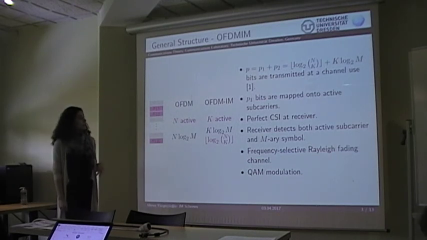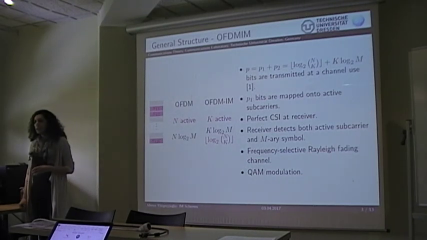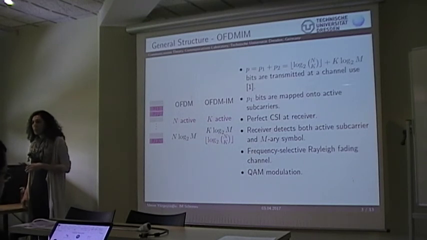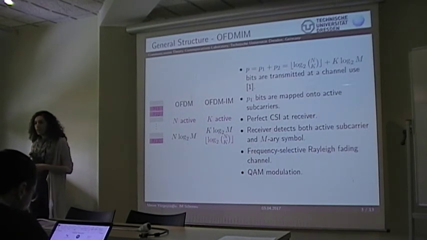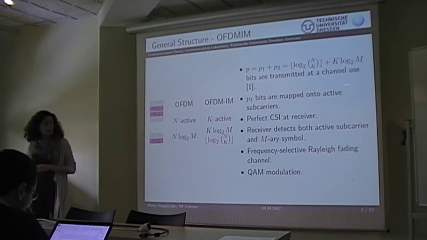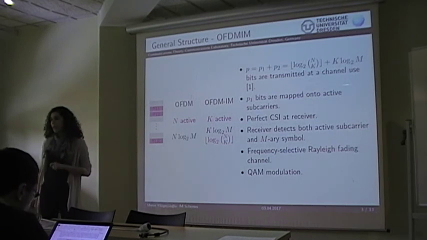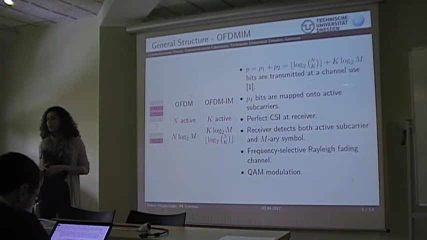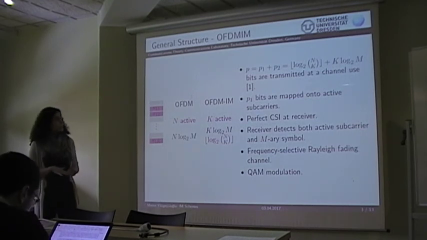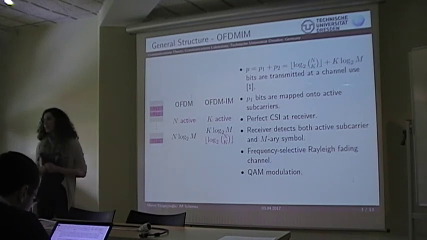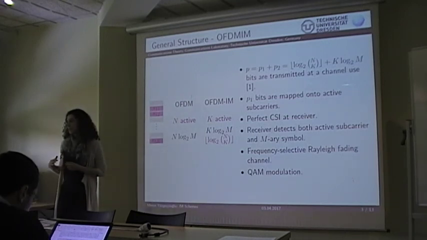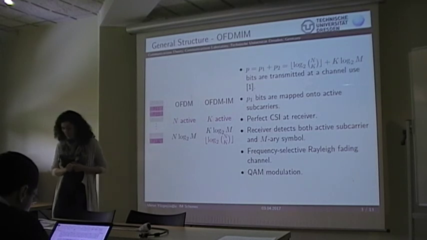But in OFDM with index modulation, according to the incoming bits, only k out of n subcarriers will be chosen active, and as a result, log2 (n choose k) bits are transmitted from the index modulation part, and k log2 M bits will be transmitted by the classical M-ary modulation systems.